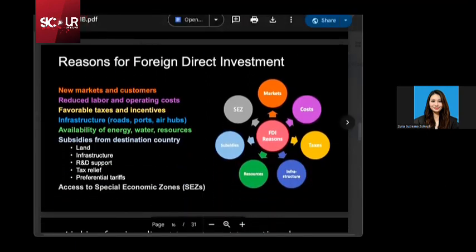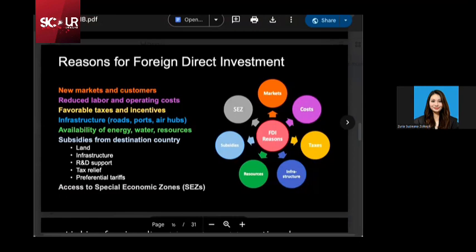So in terms of market, let's say the size and economic level is good, the level of urbanization is high, the market is stable, and you can see the market growth. Then it's also easy to have access to regional markets. This is what I'm going to explain in the next class.